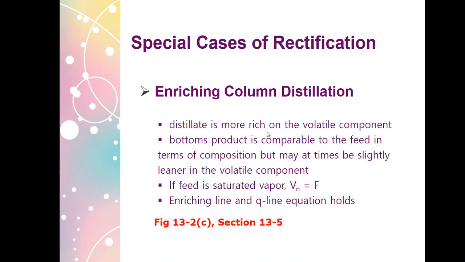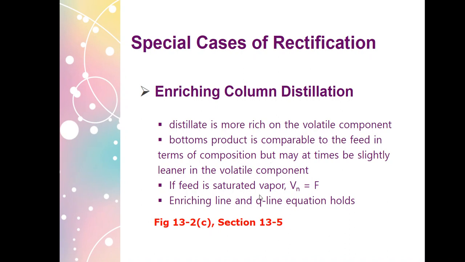Distillate is more rich on the volatile component in this case. The bottom's product is comparable to the feed in terms of composition, but may at times be slightly leaner in the volatile component. So meaning the composition of the bottom's liquid based on the most volatile component is sometimes less than that of the feed.